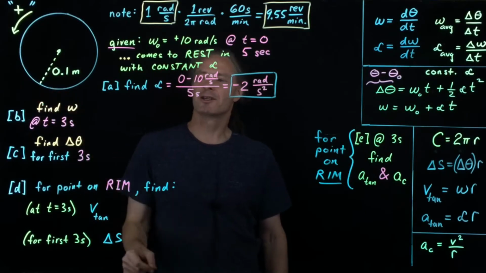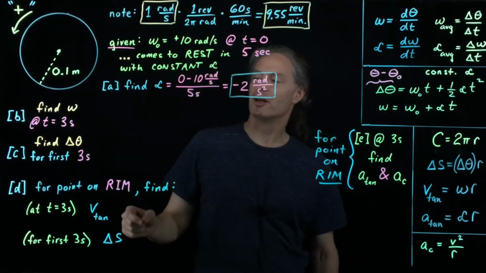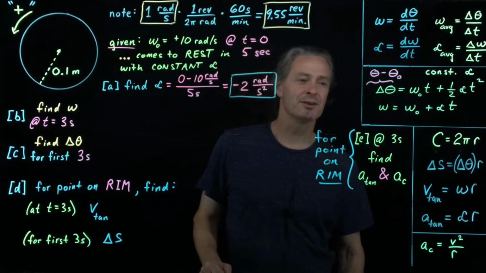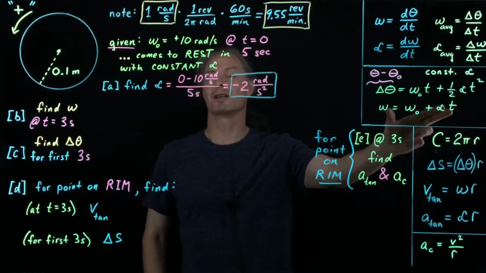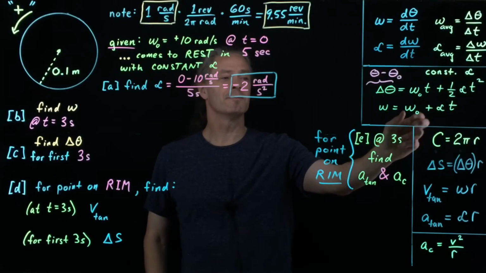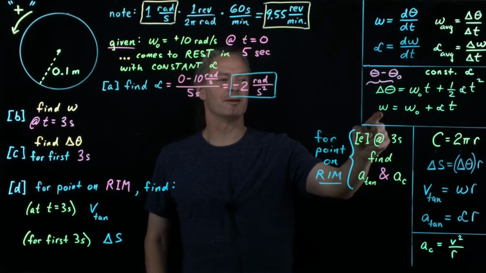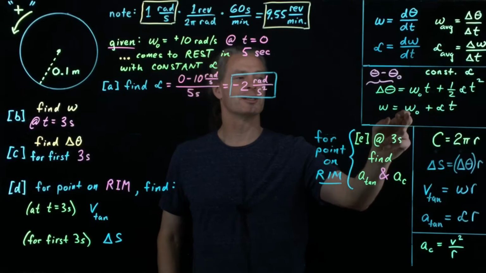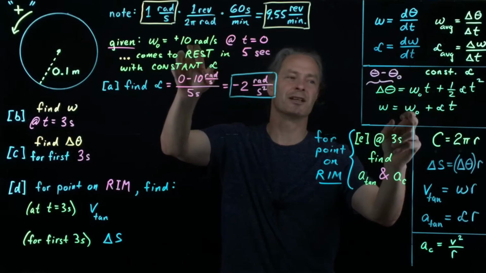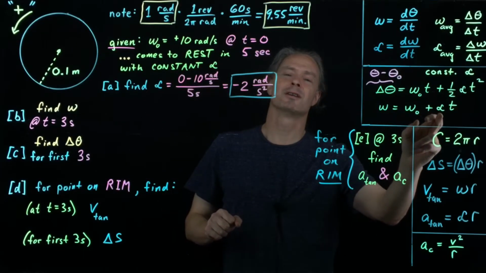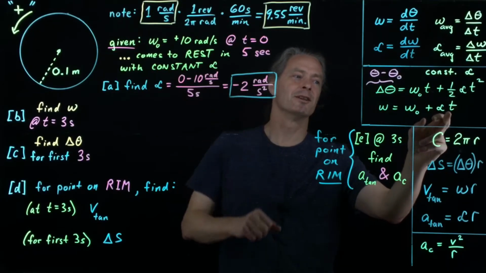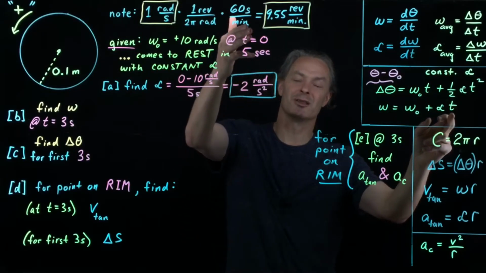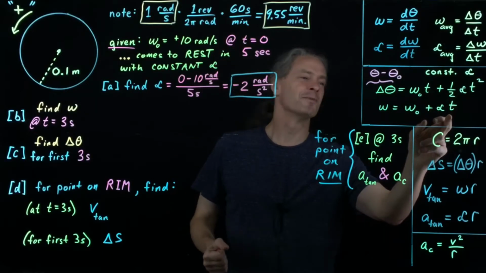All right, next we're asked to find the angular velocity at time t equals 3 seconds. To find the angular velocity at any time, we can use this in the case of constant angular acceleration. So our angular velocity at time t will be the angular velocity at time 0, that's the 10 radians per second, plus angular acceleration, negative 2 radians per second squared, times whatever time we want between time 0 and 5 seconds.